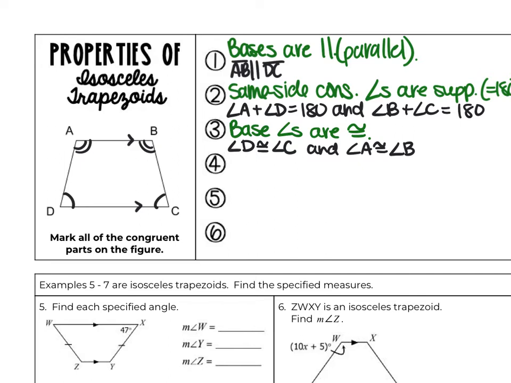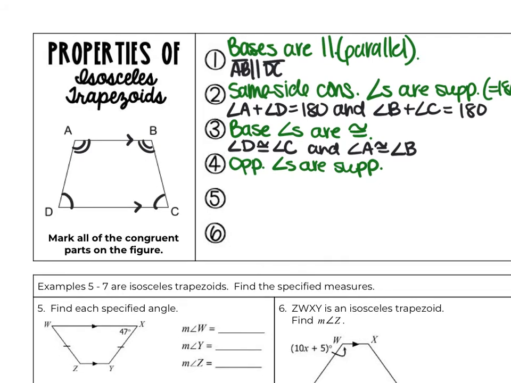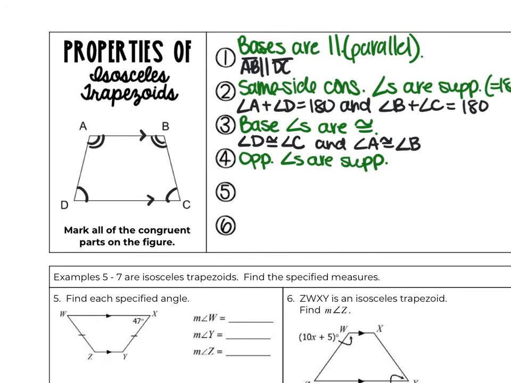All right, and still looking at angles, opposite angles are supplementary. The reason for this really is, well, we knew same side were supplementary, so A plus D was 180.